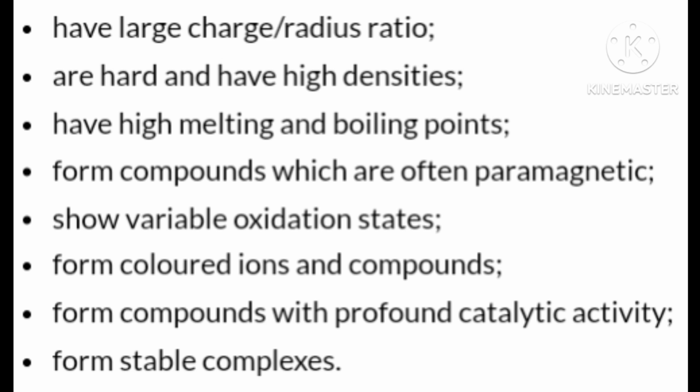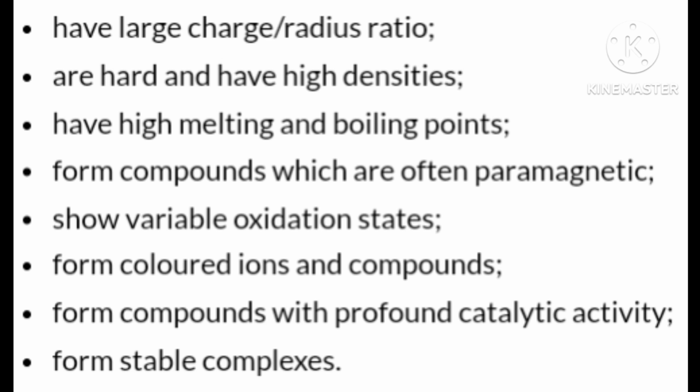Then the plot of melting point versus atomic number is there. You will find that three series are there. Here, titanium, vanadium, chromium, manganese, iron, cobalt, nickel mean the first series.